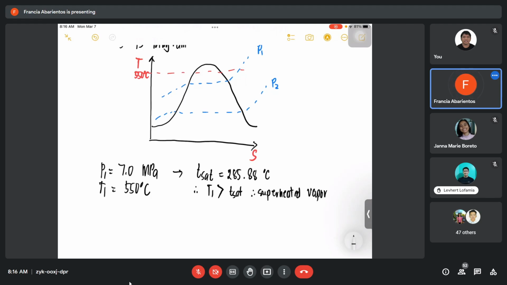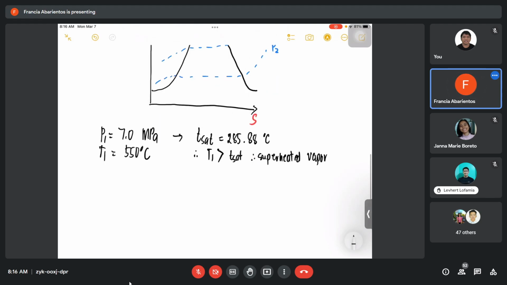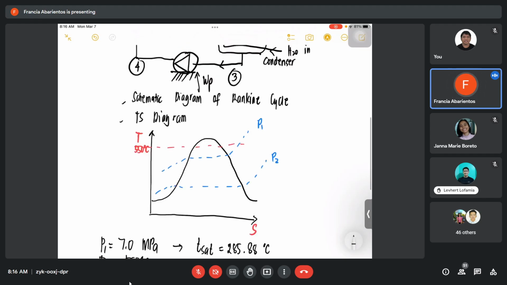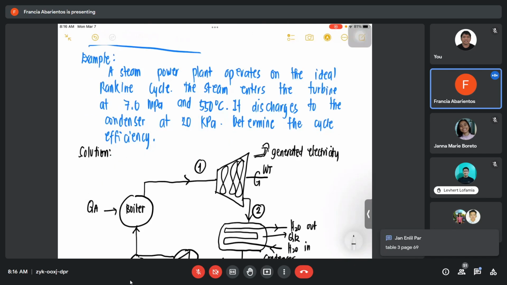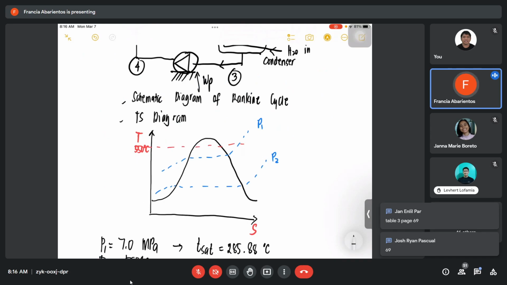Okay. So, saan ka pupunta? Punta ka sa table 3. Anong page? You have your 7 MPa. Yan na. Okay. So, this is page 69.